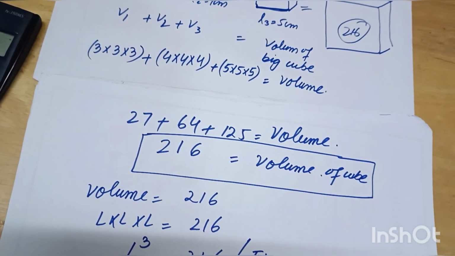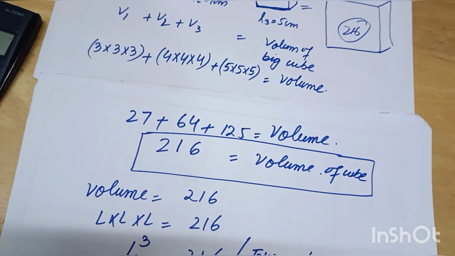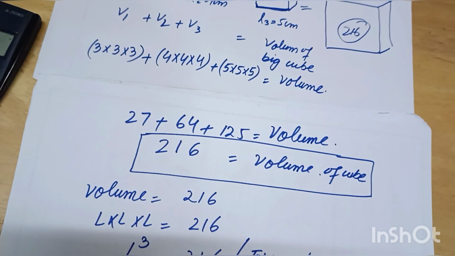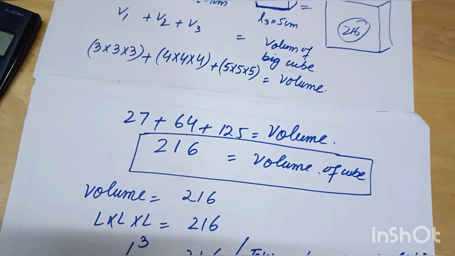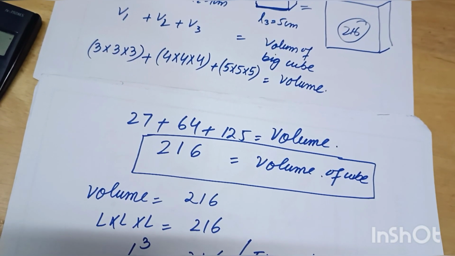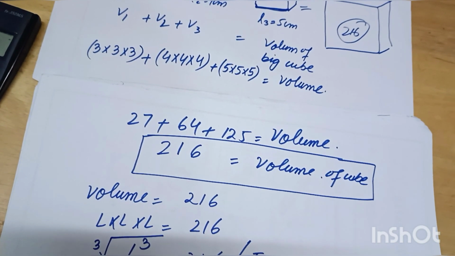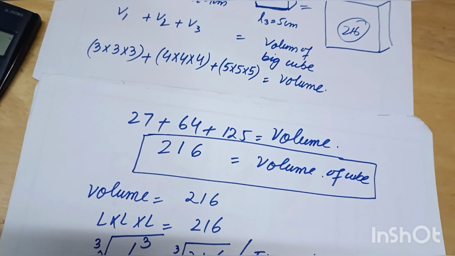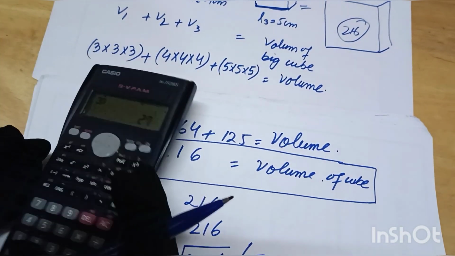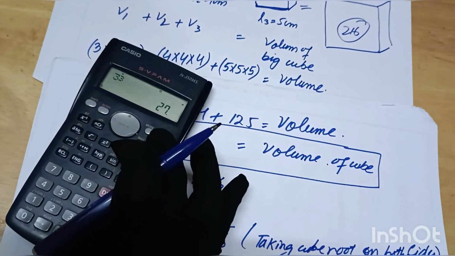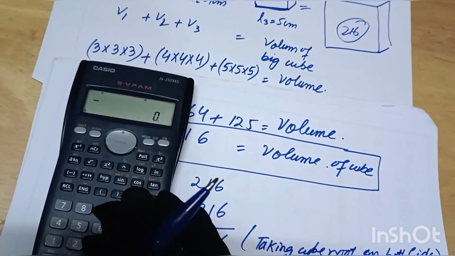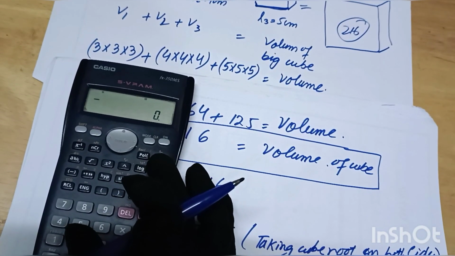Taking cube root on both sides, L equals the cube root of 216. The cube root is here, with the yellow ink.